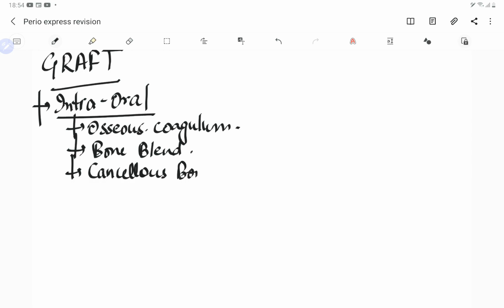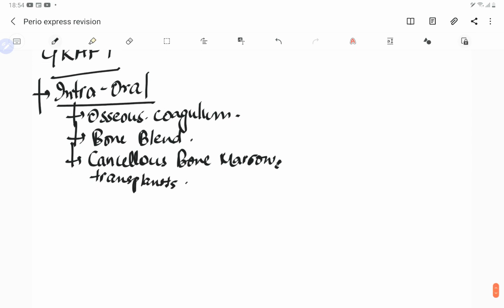So cancellous bone marrow transplants, in that you can take the bone marrow of the maxillary tuberosity or any edentulous area, or you can also take it from the healing socket. Bone marrow transplants, bone swaging, basically adjacent to the defect you can take. Bone swaging, so from which the bone is pushed into the site, defective site.